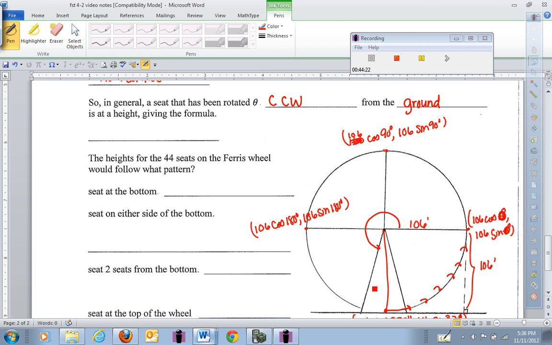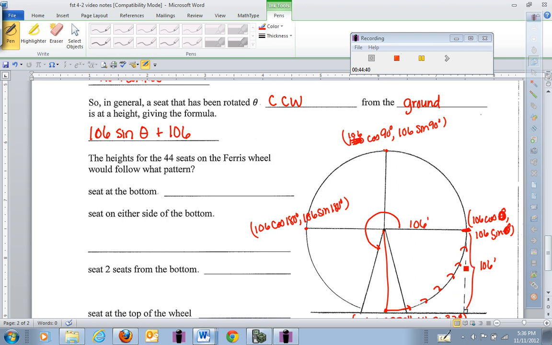Is at a height given by the formula 106 times the sine of theta plus 106. Since 0 is right here, it's like the circle is half below ground and half above ground, kind of. It'll all come out in the wash when we add on this 106 feet on the back end.